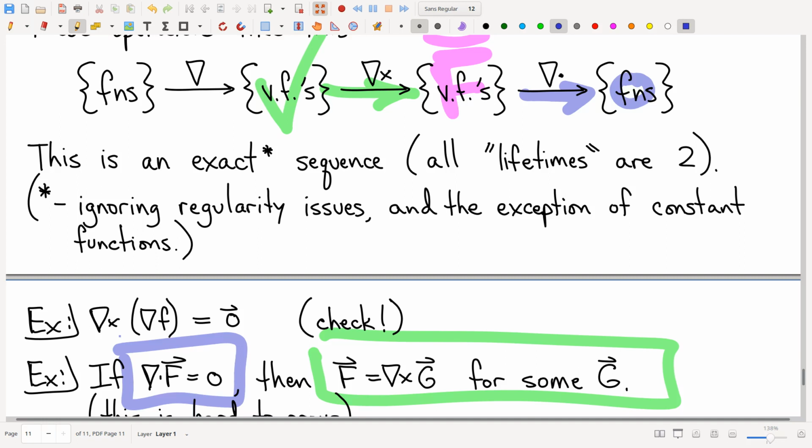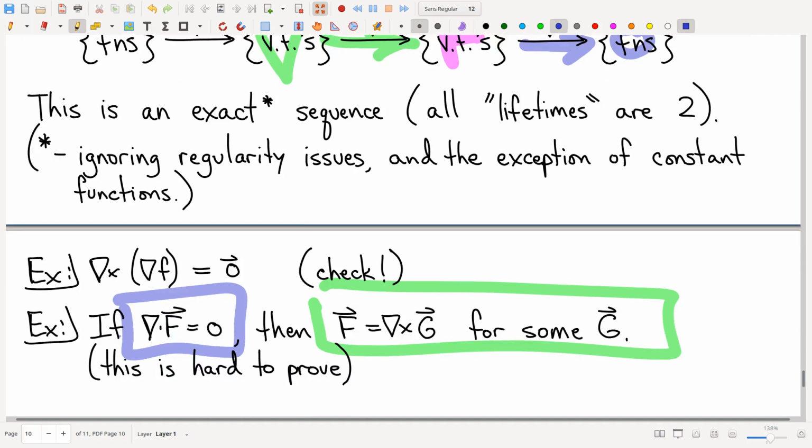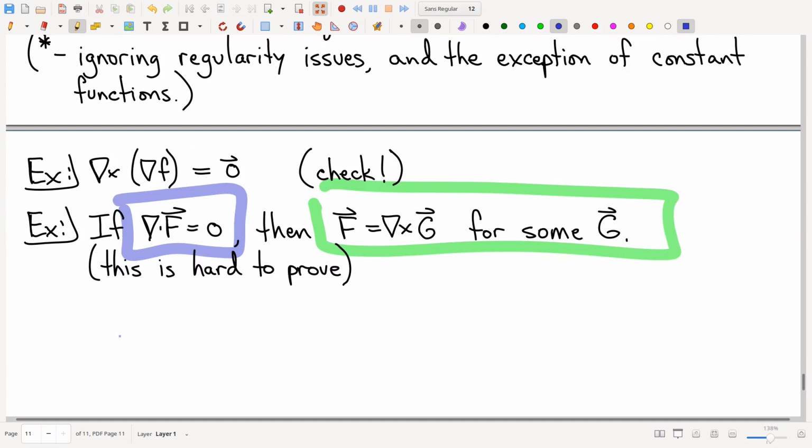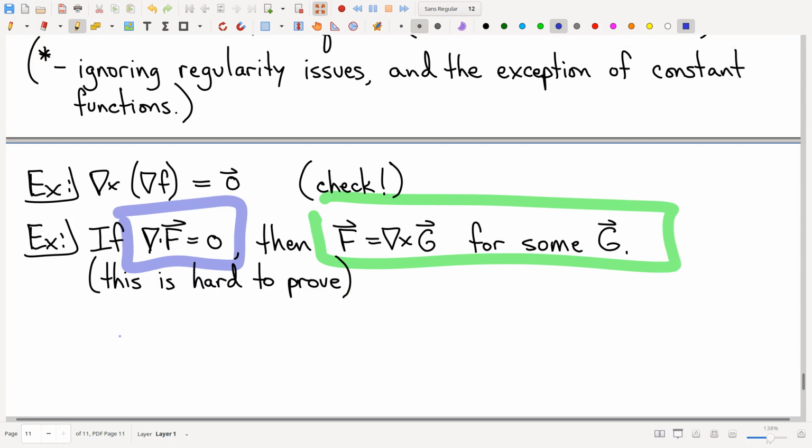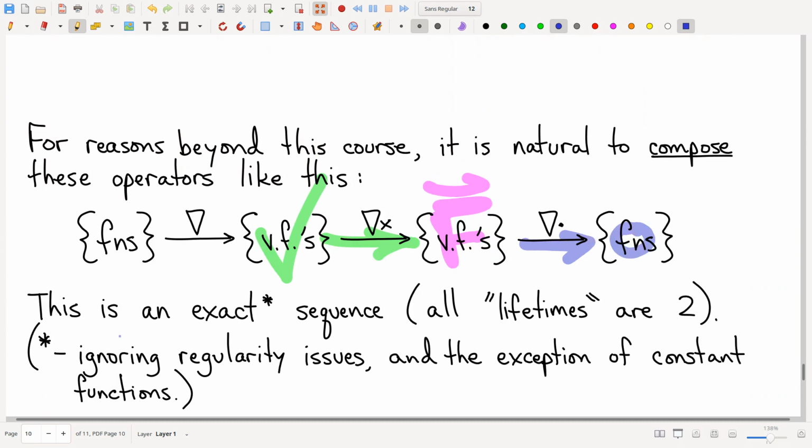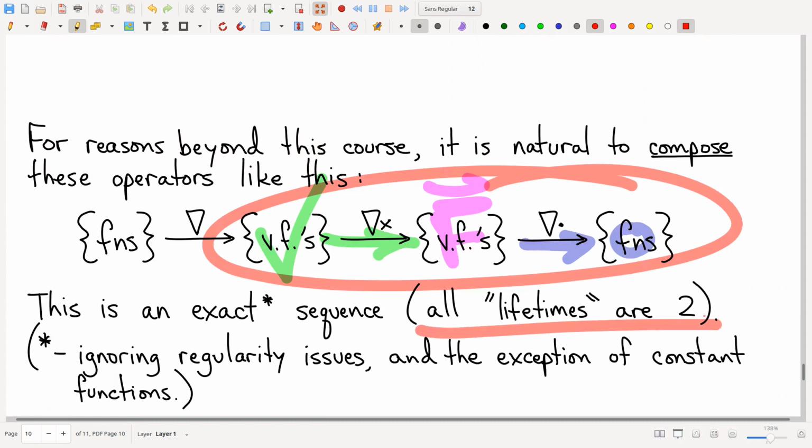So there's actually a bunch of these statements. If you write them all down together, there's like 8 different statements here. I forget exactly, but there's a bunch of different versions of this. And you can, I suppose, think of them as a bunch of independent statements about these operators and just memorize the list. But it's really easy to get them messed up and confused. It's much easier, I think, to just remember our one little metaphor, and that is all lifetimes are 2.